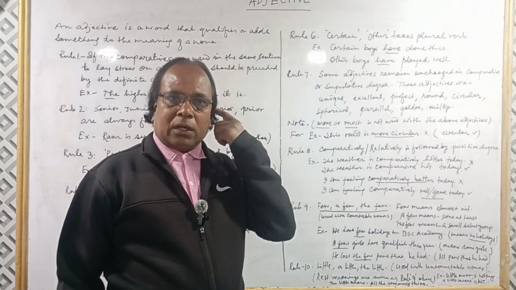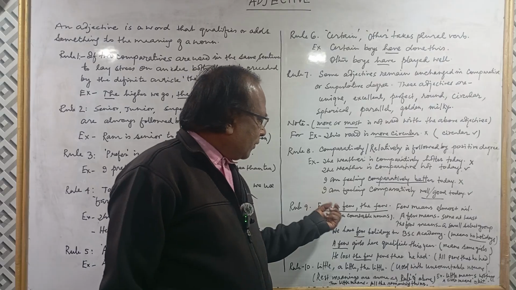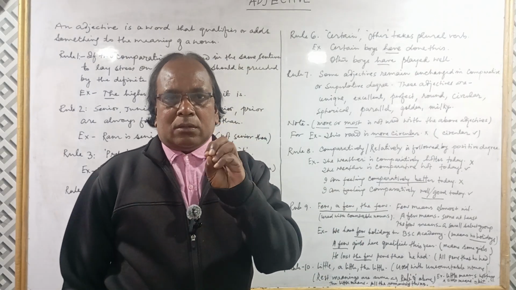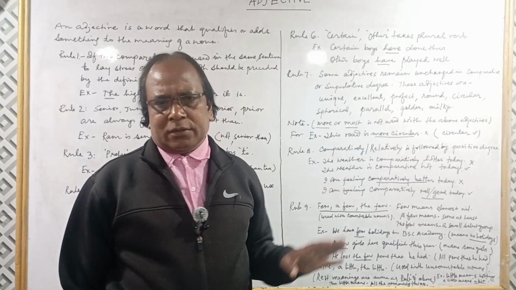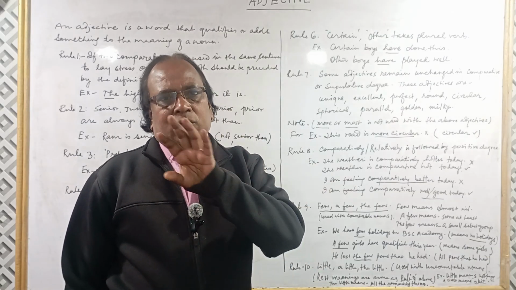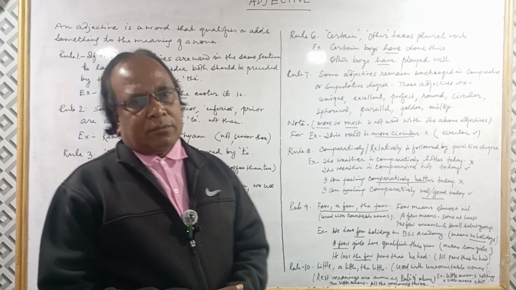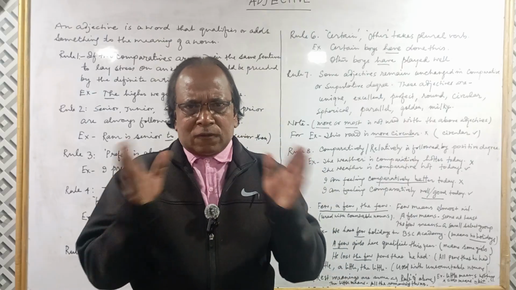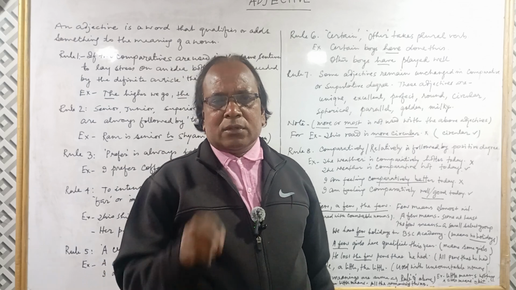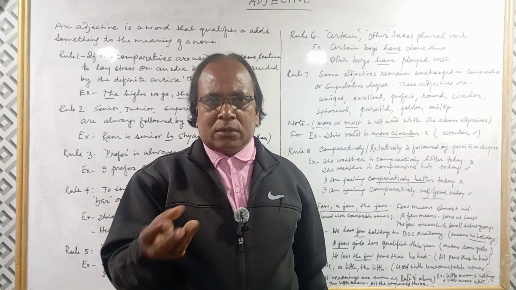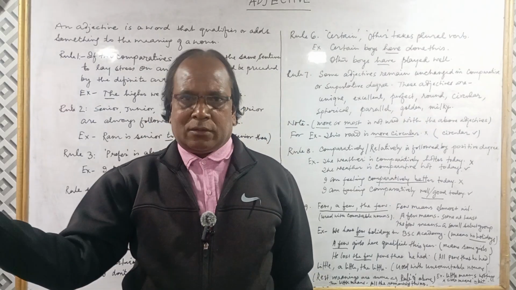Now, next rule, rule number 9. Few, a few, the few. Few, a few, the few are used with countable nouns. You already know countable nouns are those which can be counted. So, in case of countable nouns, we use few, a few, the few. Few means almost nil, nothing, insignificant. A few means some, and the few means all that is left considered altogether.